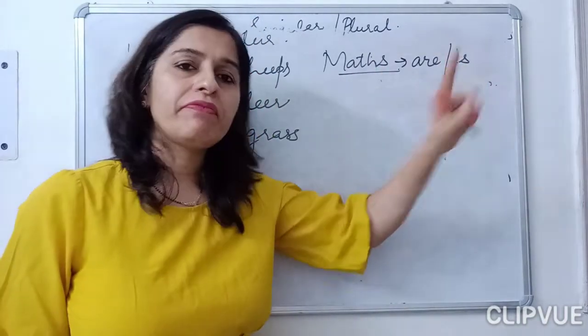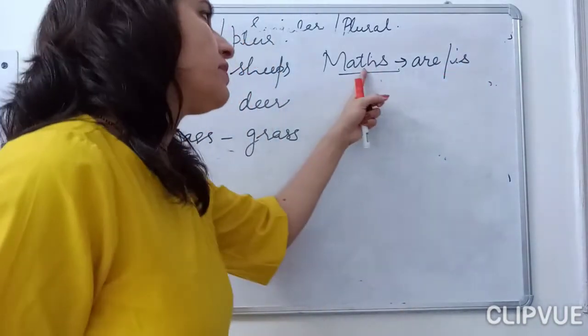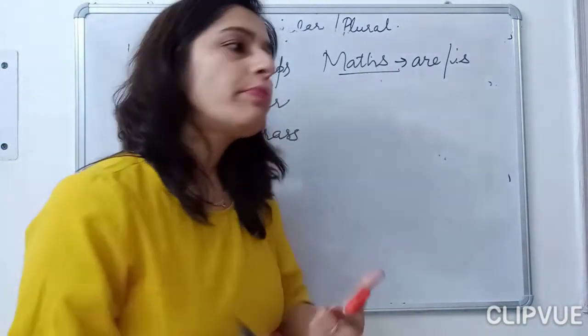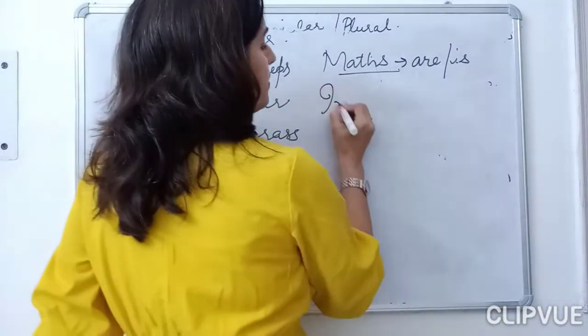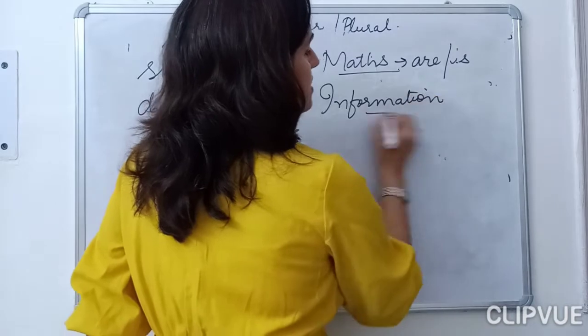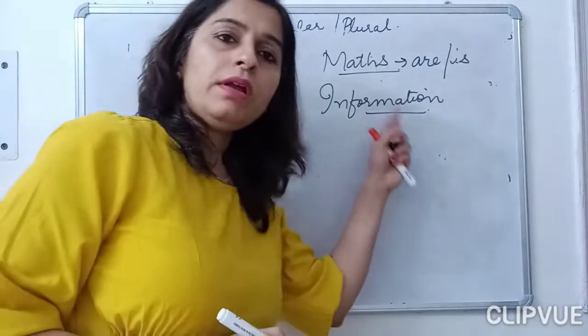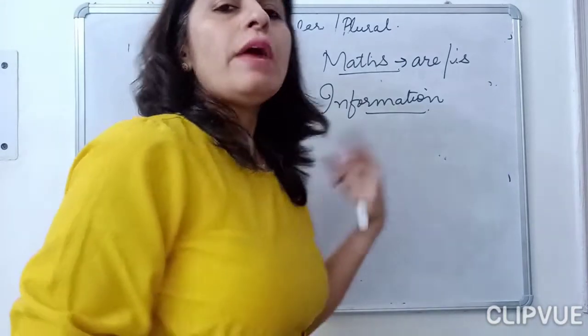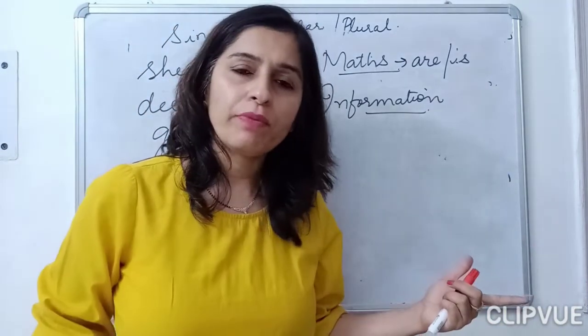Maths is my favorite subject, and it will remain maths only; we will not add anything else to make it plural. Like information. It seems like a plural, but it can be used as singular also. My teacher gave me lots of information.